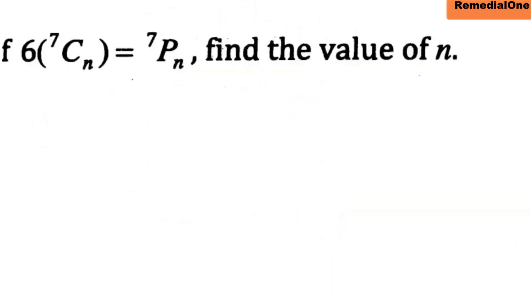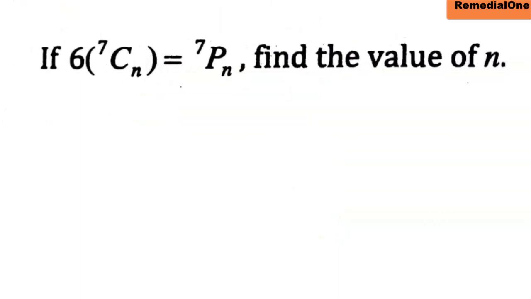Let's go to the next question. If 6 times 7Cn is equal to 7Pn, we have to find the value of n.